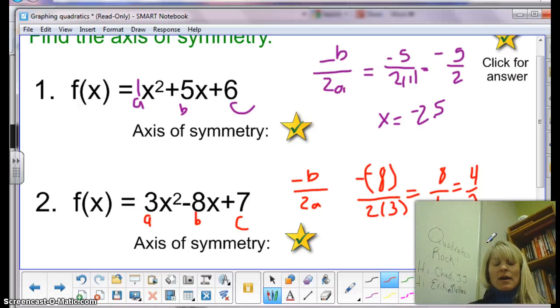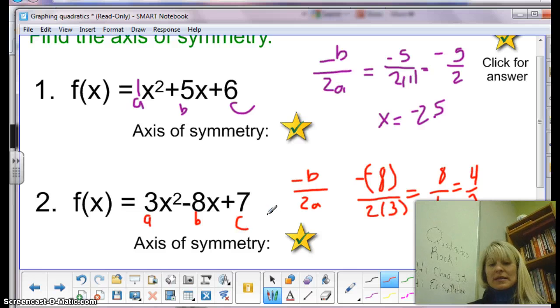Okay. And then another thing, just looking at this, I know that my y-intercept is at 7. Now I can also figure out what the vertex is given finding the axis of symmetry, because if this is my parabola, I know my axis of symmetry goes right down the middle.